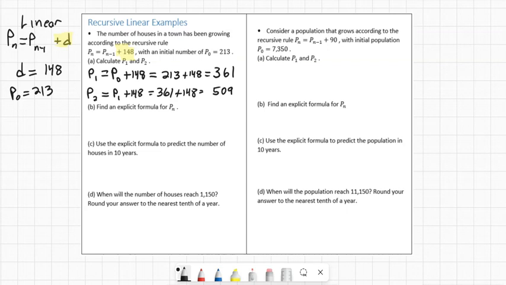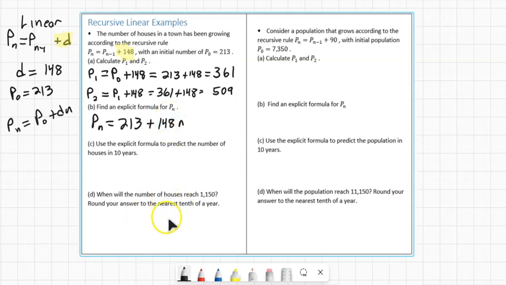Now for part B, an explicit formula, just a reminder, P sub n equals P sub 0 plus dn. This is our explicit model for linear. So we have P sub n equals P sub 0, which is 213, plus d, which is 148, times n. Very simple to write the explicit model once you know P sub 0 and d.